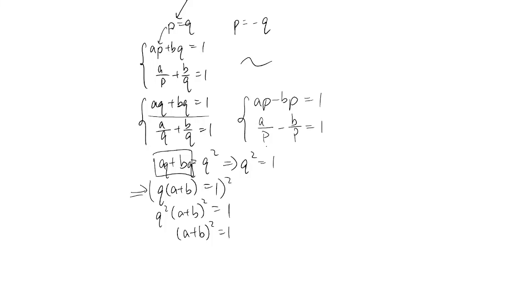We have to basically do the same thing as we did just now with p equals q. From the second equation, if we multiply through by p, that would be a minus b equals p. And we could factorize p from the first equation, so p brackets a minus b equals 1.